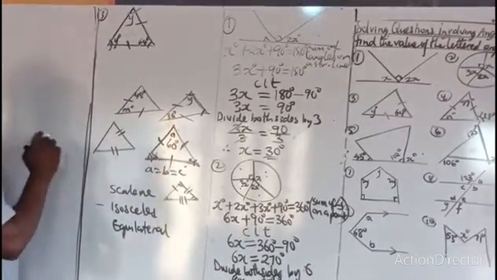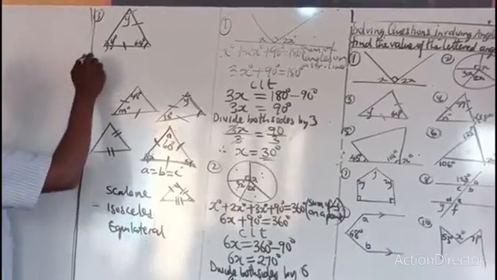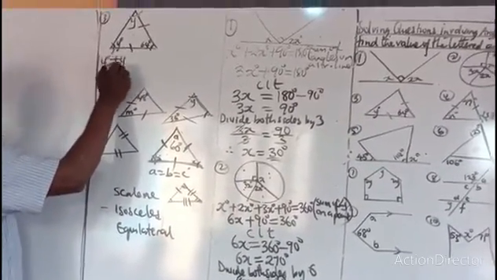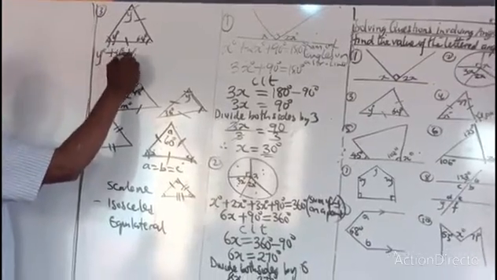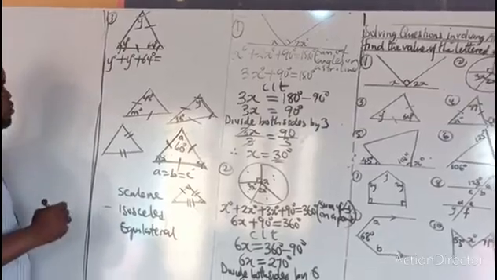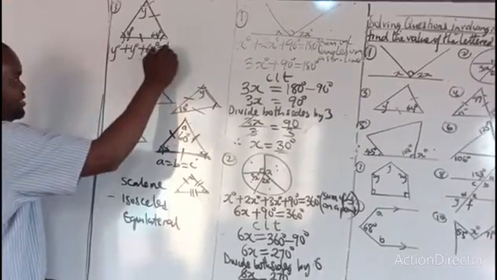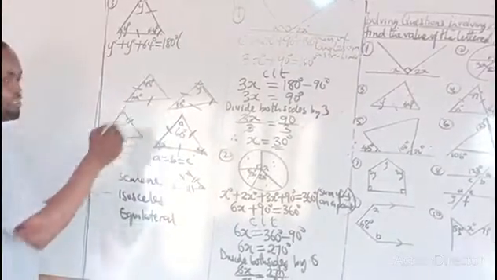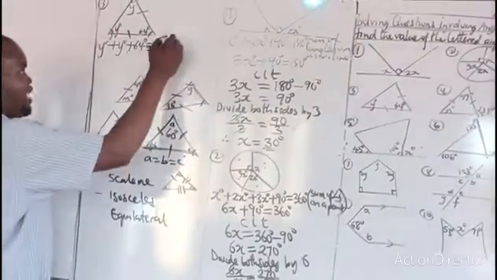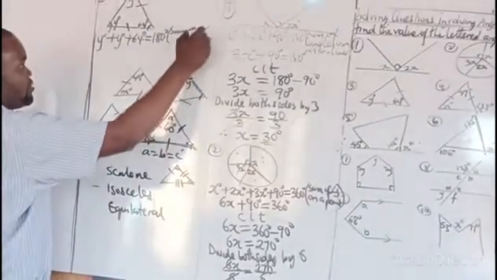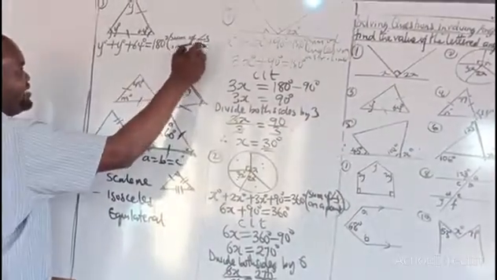So now you can solve it by saying that y degree plus y degree plus 64 degree must be equal to what? 180 degrees. Why did you say 180 degree? What are we using? Sum of angles in a triangle.